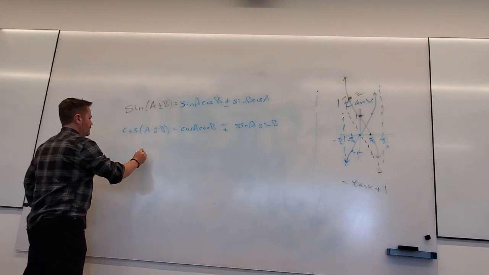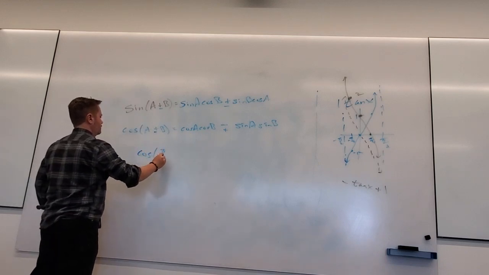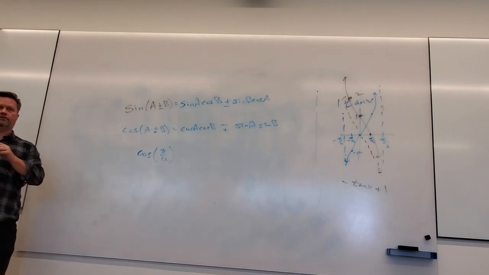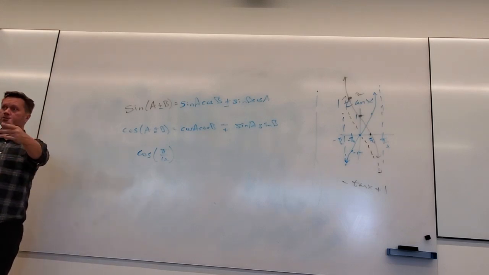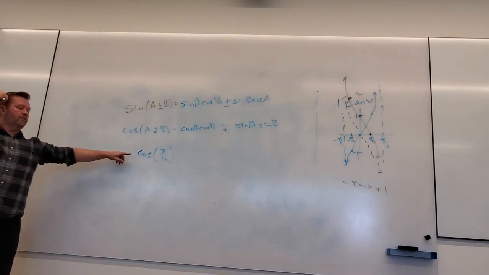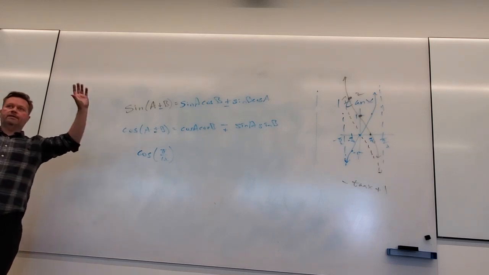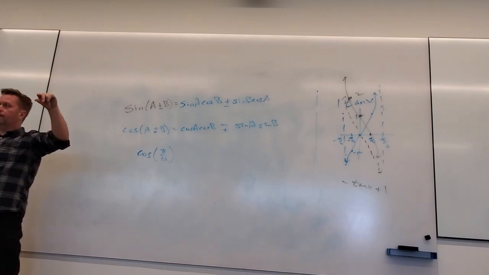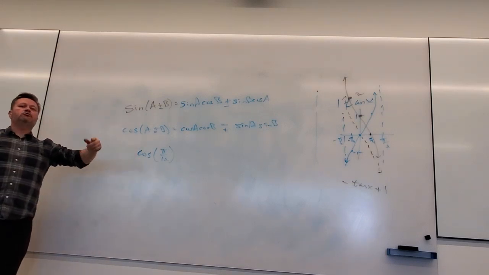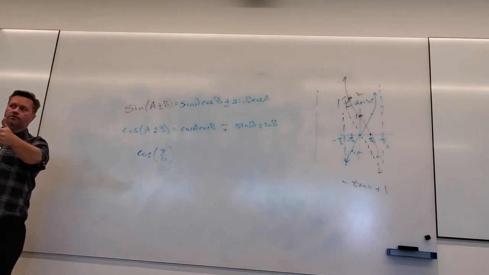Did you have to memorize any radians over 12? No, it's just over 3, over 6, over 4, over 2, those are the ones we have to know. So when I give you a problem like this, and it's on a section you're not allowed to use a calculator for, there's no way to do this unless you write it in terms of angles you know.